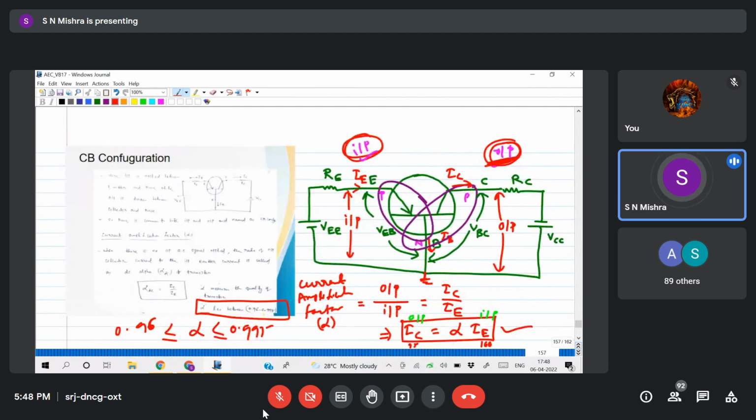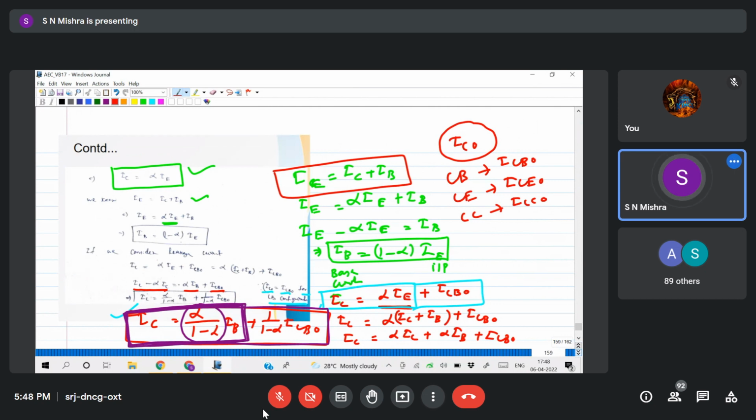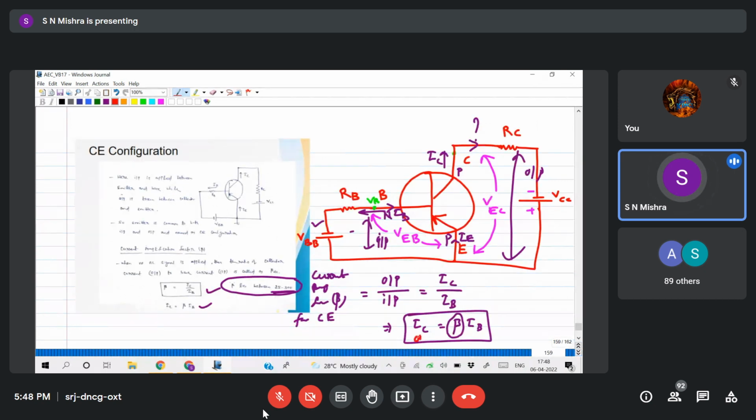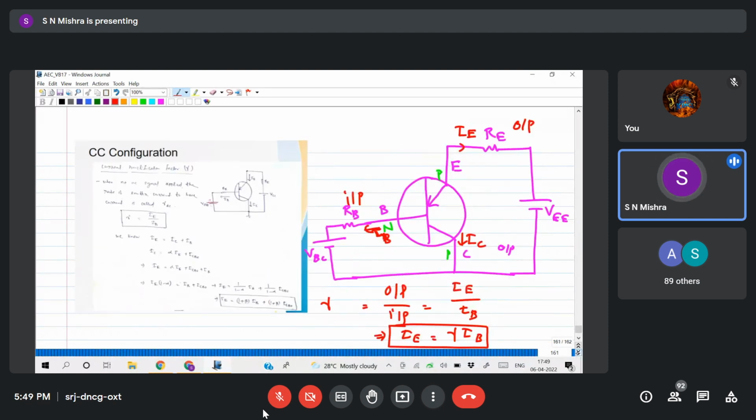For common base, IC in terms of alpha IE, that means output in terms of some factor into input. Similarly, for common emitter, this is my output, this is my input. Similarly here with gamma, this is my output and this is my input. So I have expressed output in terms of input.